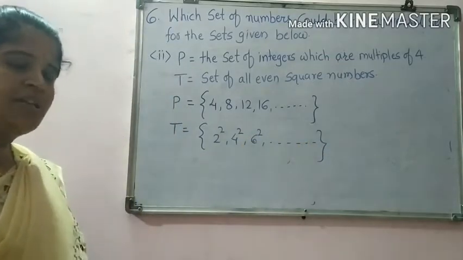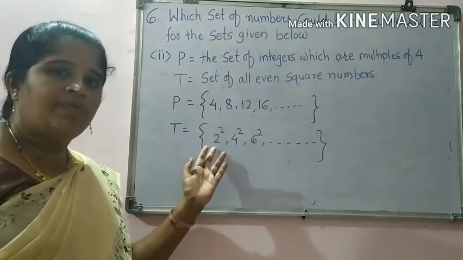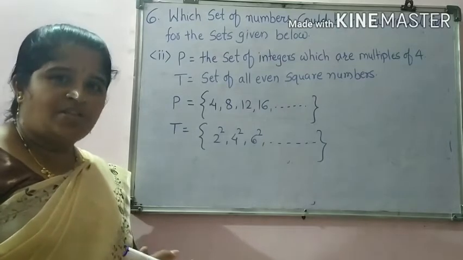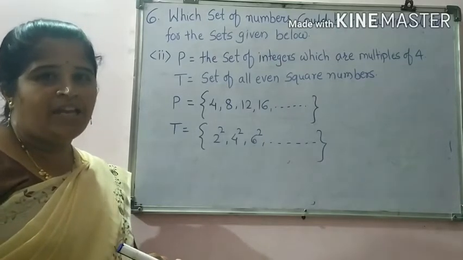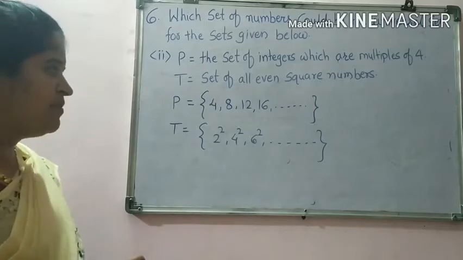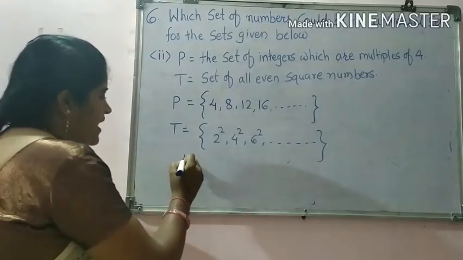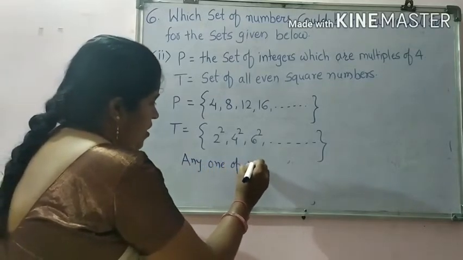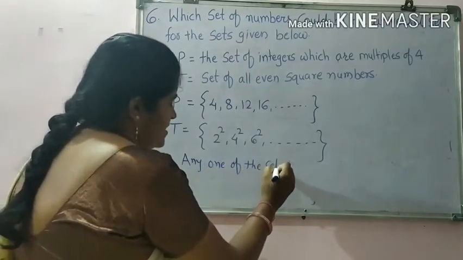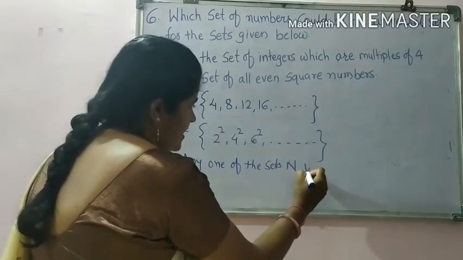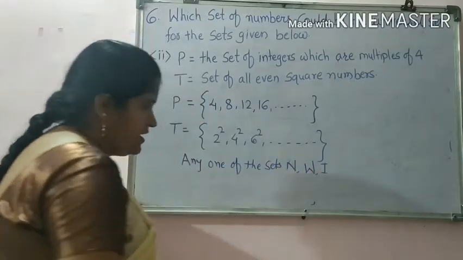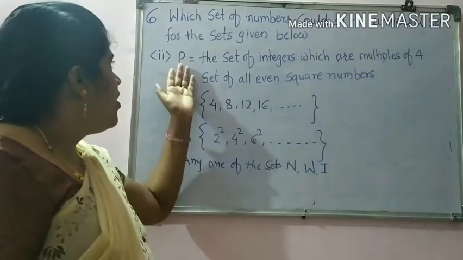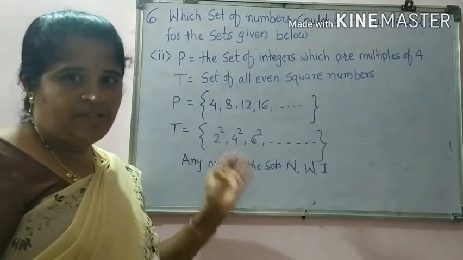Again, if we observe the elements of the sets, we will find that these are also subsets of set of natural number, whole number and integers. So in this example also, we can take any one of the sets of natural numbers, set of whole numbers or integers. It can be considered as a universal set for the given sets.